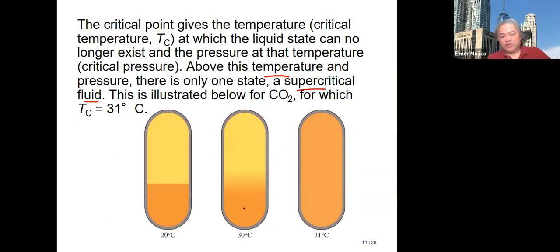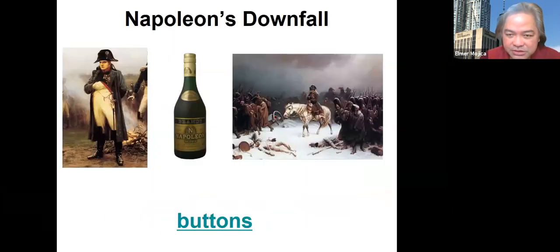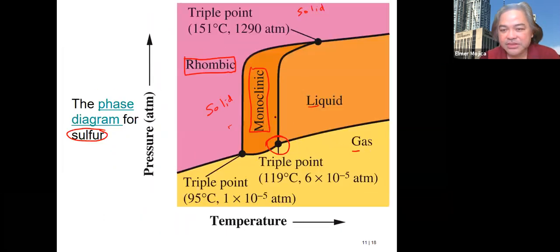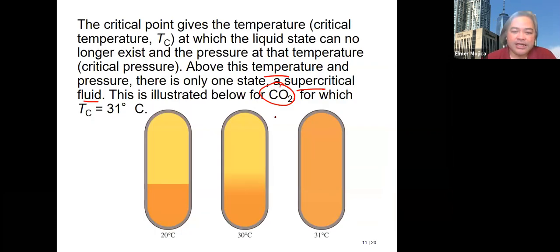So if you go to 31 degrees Celsius for carbon dioxide and a pressure equal to, if I'm not mistaken, 73 atmospheres, you can have this supercritical fluid. Now the question is, what are the applications for this supercritical fluid?